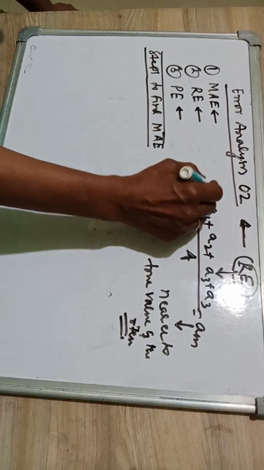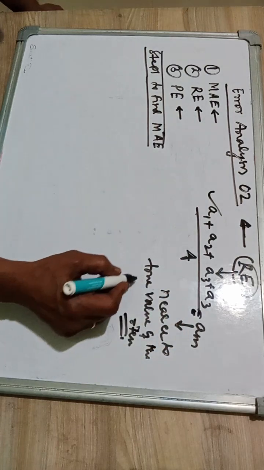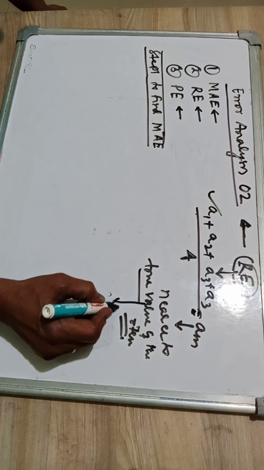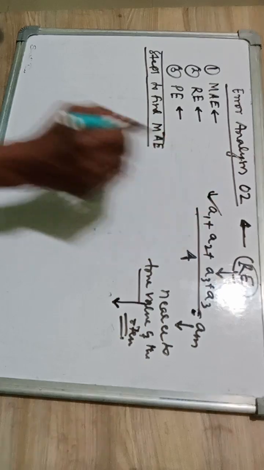The more measurements we take, the nearer we get to the true value. Now, what we'll do is take the average or mean value of all measured values.